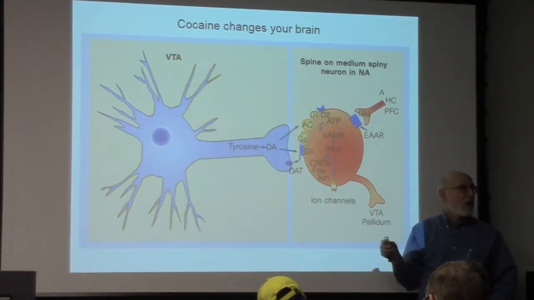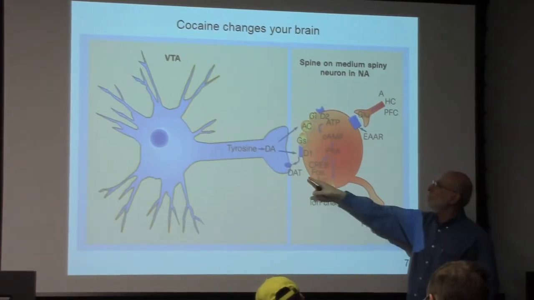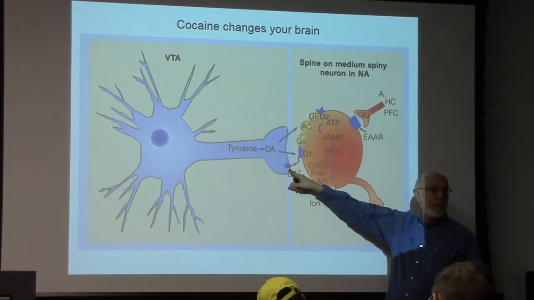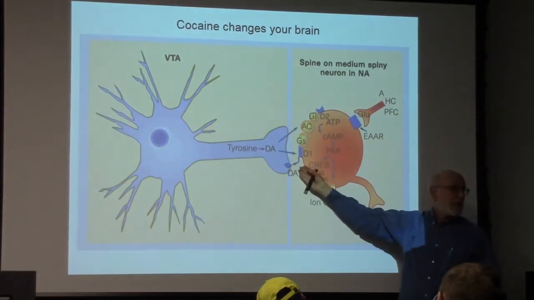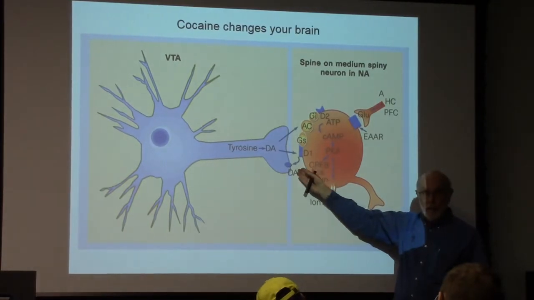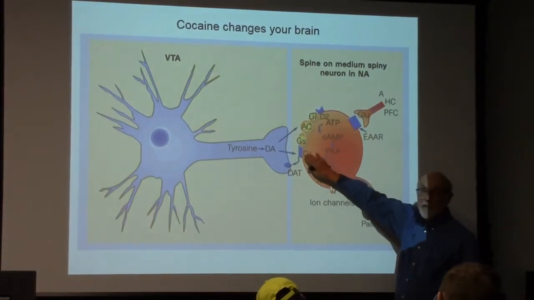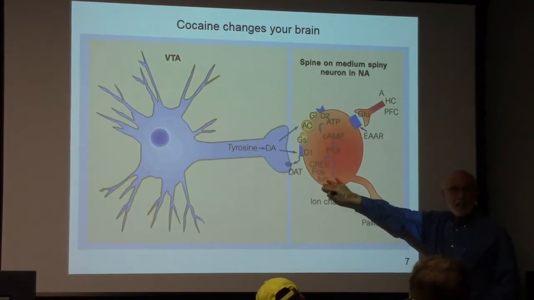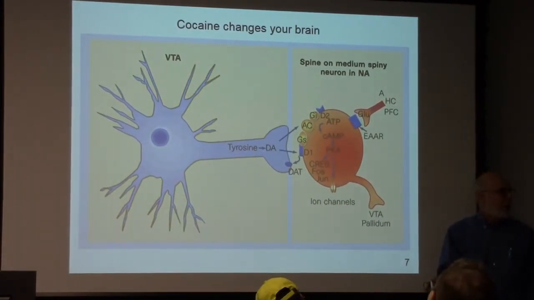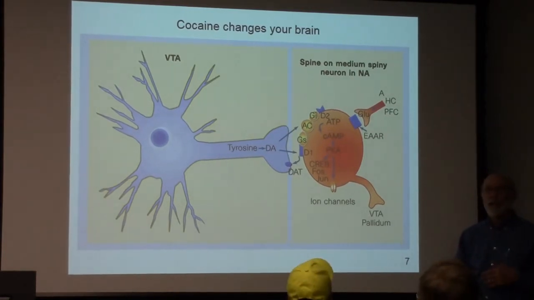Don't memorize that cocaine is an inhibitor of it. But now think, if we inhibit dopamine reuptake, it stays in the synapse longer. Higher concentration of dopamine in the synapse for longer means more activation of D1, more activation of this pathway, more gene transcription, changing your brain in response to a drug of addiction.